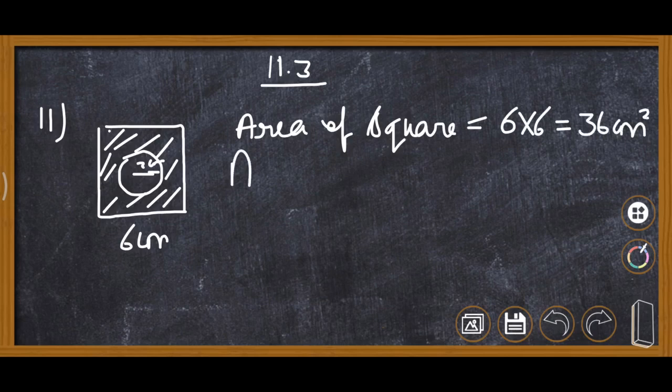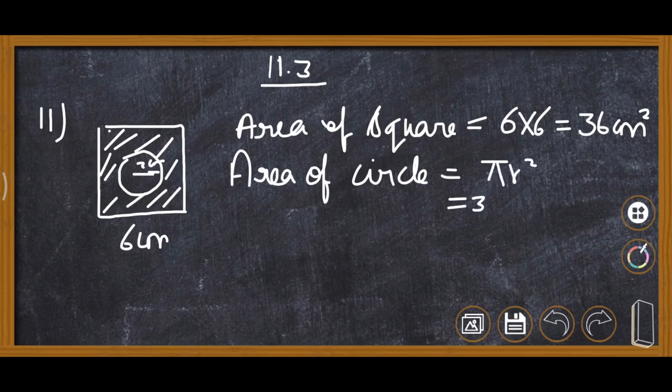Then we will find the area of circle. This is pi r square. Value of pi will be 3.14 and radius here 2. When we multiply, it is 12.56 centimeter square.